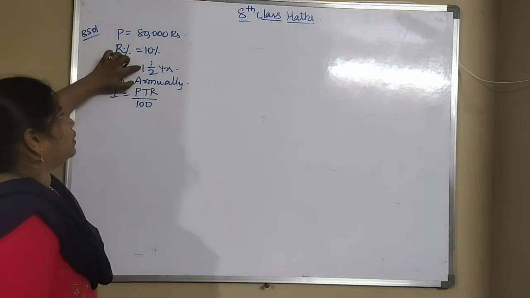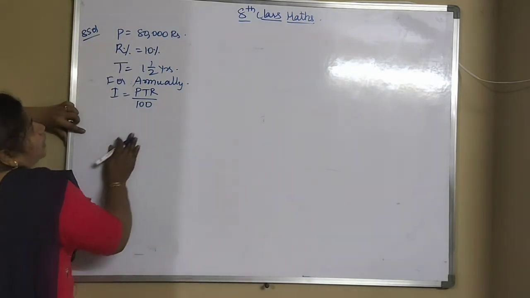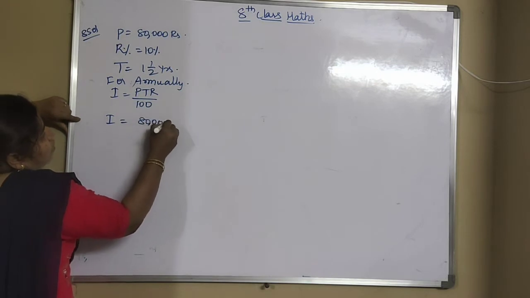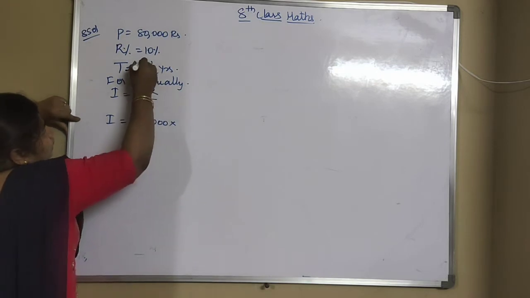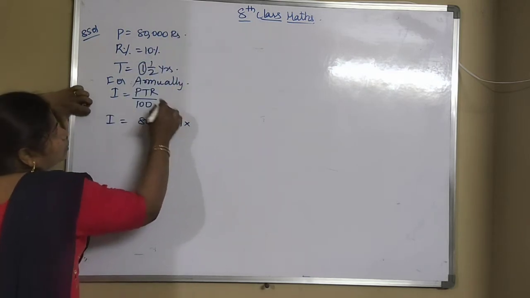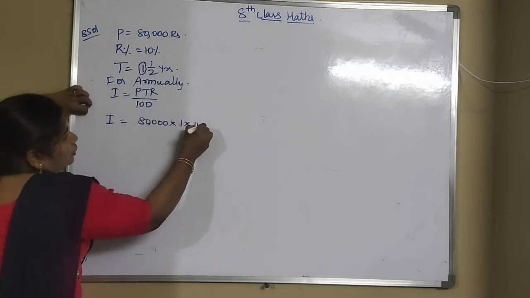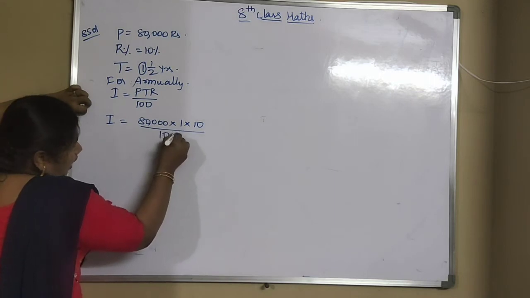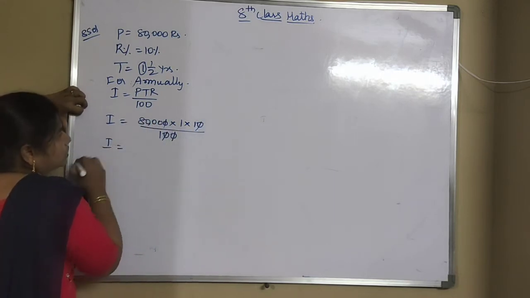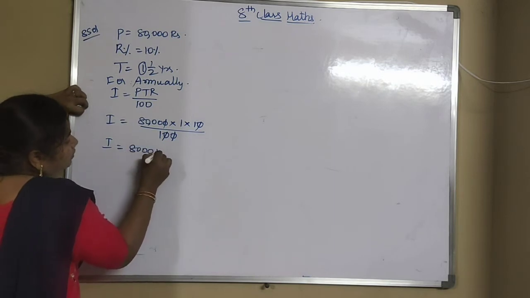First I am taking only the 1 year value. So I is equal to, principal is 80,000, time is 1 year, half year again we will find. So 1 into rate of interest, 10 by 100. So 0, 0, 0, 0 will get cancelled. Interest is 8,000 rupees.